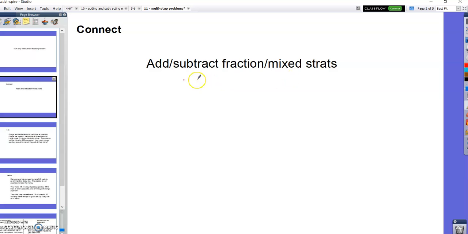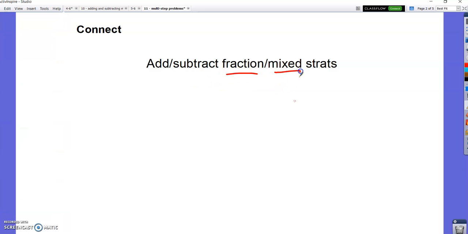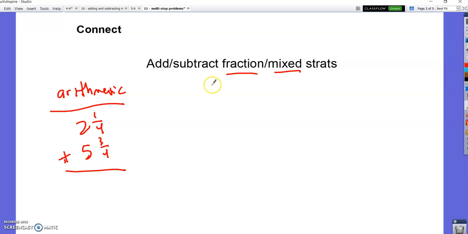So we've been adding and subtracting mixed numbers and fractions for quite some time now. We've had several strategies we've used. We've used an arithmetic strategy, something like when we would do these, and we had a strategy to do it that way.